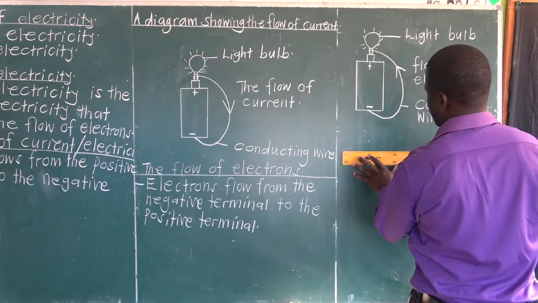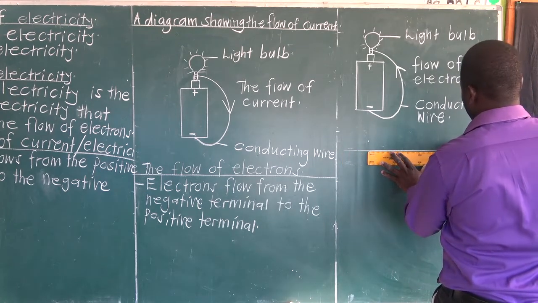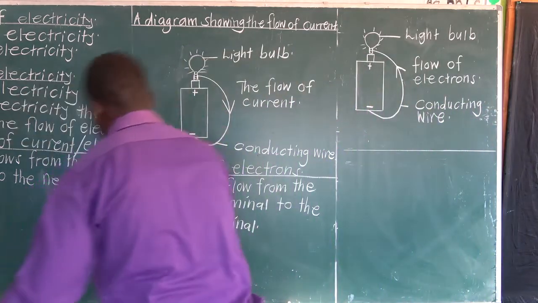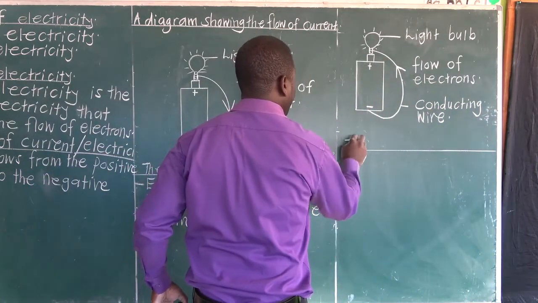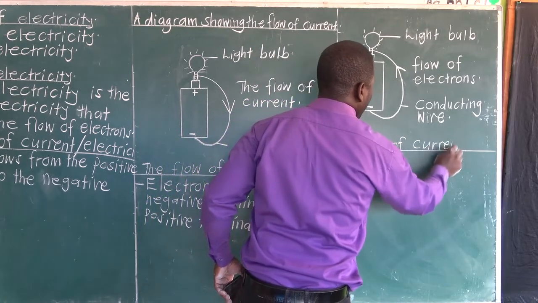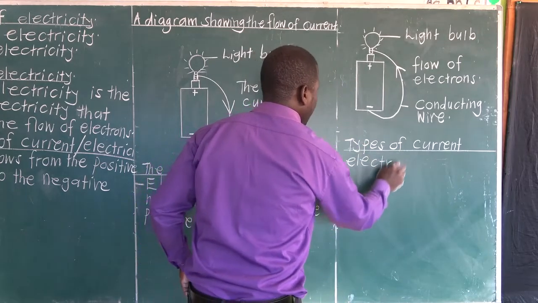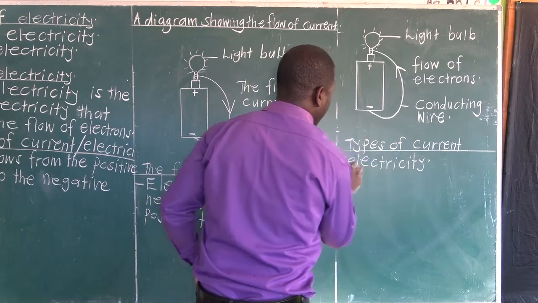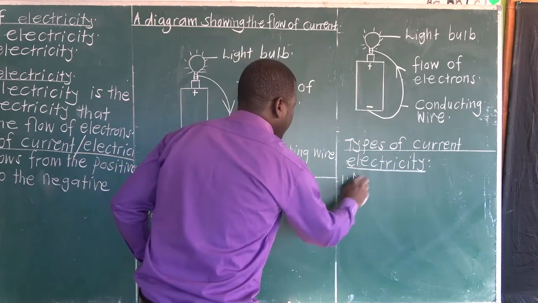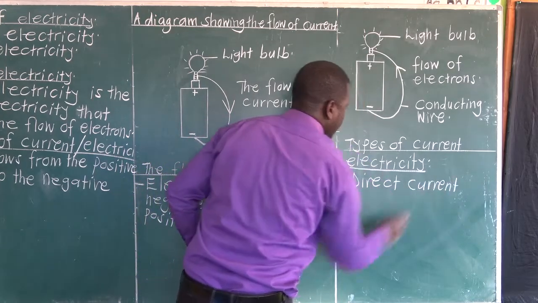Types of current electricity. We have only two types of current electricity, and that is direct current and alternating current. One is direct current.